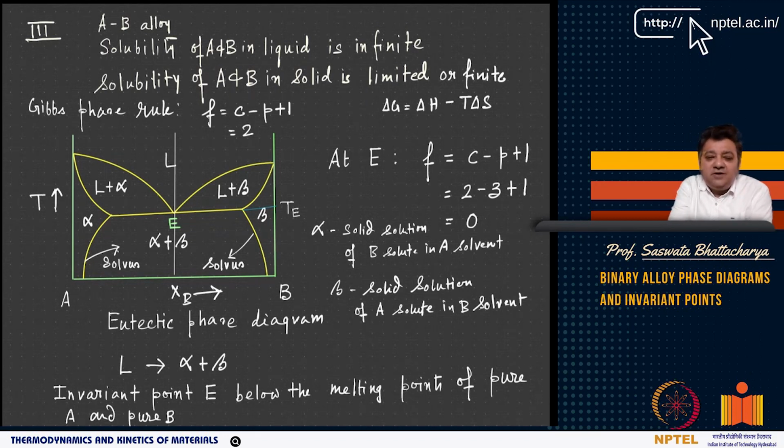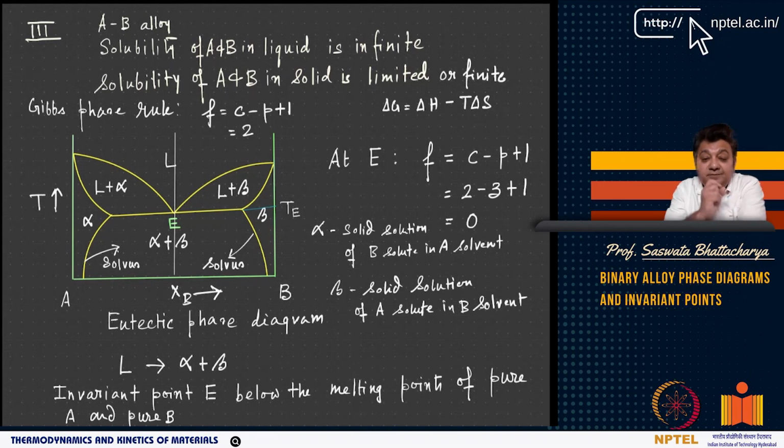So all different types of eutectic microstructure can be obtained, but you have to look at the eutectic reaction. The reaction is very interesting because, first of all, this E represents a freezing point or melting point of the mixture of A and B at the eutectic composition, or the mixture of two phases, alpha and beta.